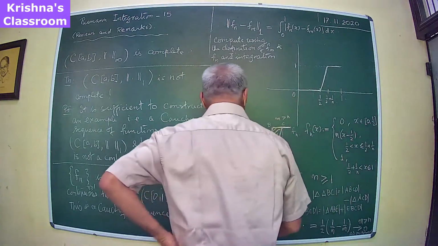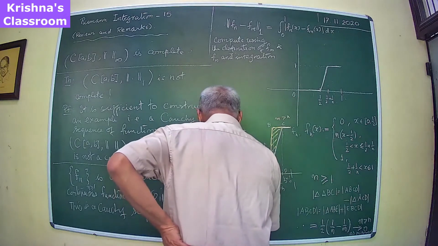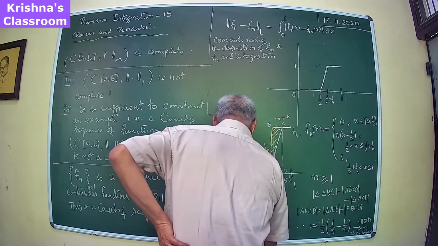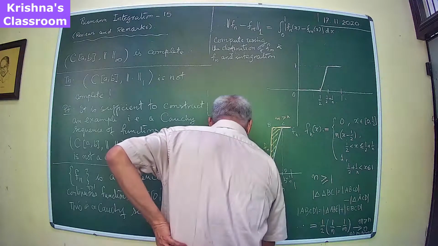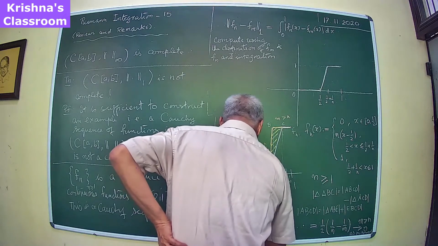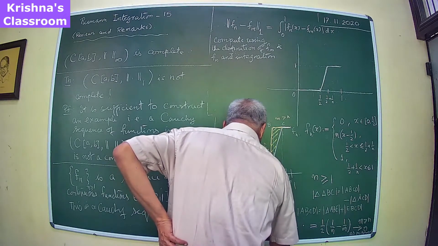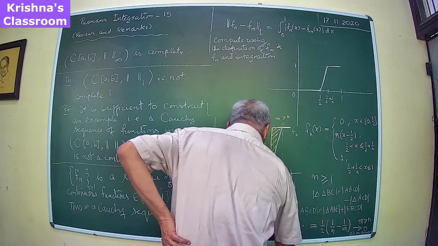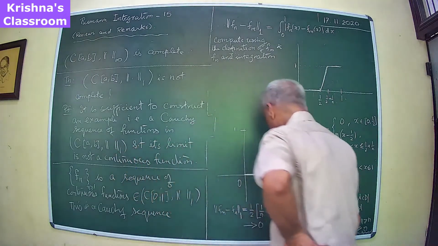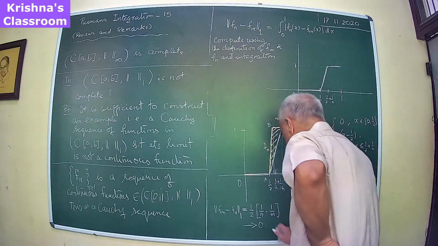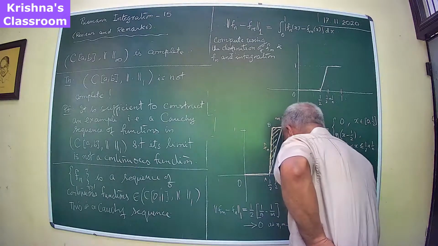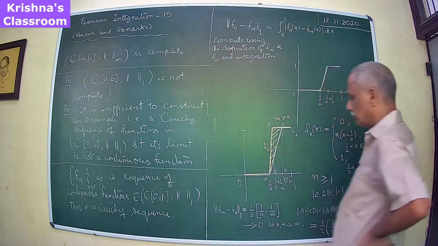So you see that the norm of Fm minus Fn, which is equal to half of 1 by n minus 1 by m, goes to 0 as both m and n go to infinity.